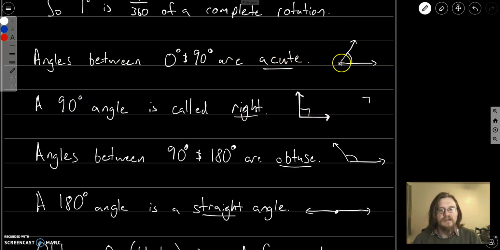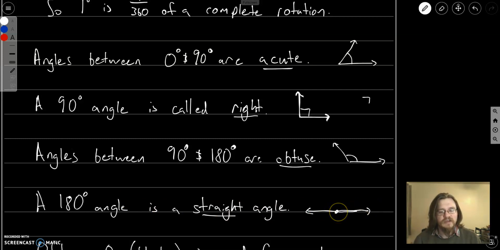An acute angle is going to be one that's essentially smaller than that, so it's going to be somewhere in between. Angles that are bigger than 90, but are still between 90 and 180, are going to be called obtuse. The special thing about 180 specifically is that 180 is exactly 1/2 of 360, as in it's going to be half of a rotation.